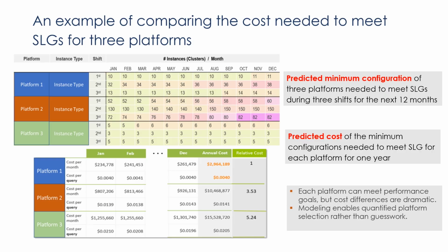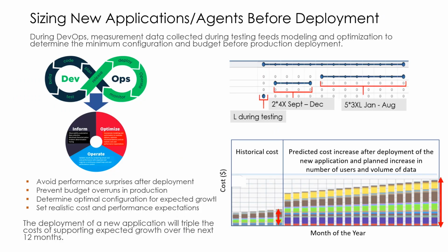The first graph here shows the predicted minimum Snowflake configuration, and the second graph shows the budget needed for the new workload to meet the service level goal during the next 12 months. This prevents performance surprises and budget overruns after deployment of new agents and new workload. It helps to set realistic performance and cost expectations. And sizing of new applications becomes engineering, not just trial and error.